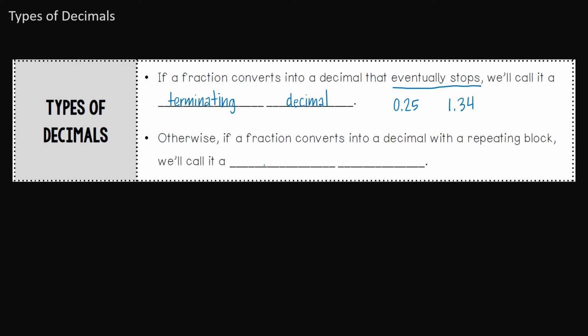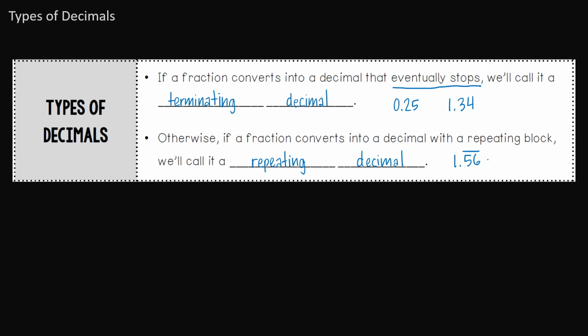Otherwise, if a fraction converts into a decimal with a repeating block, we're going to call it a repeating decimal. And I'm sure you've seen some examples of this before. So this would be like 1.56 repeating, and there's a bar called a repetend over the top of the 5 and 6 digits.